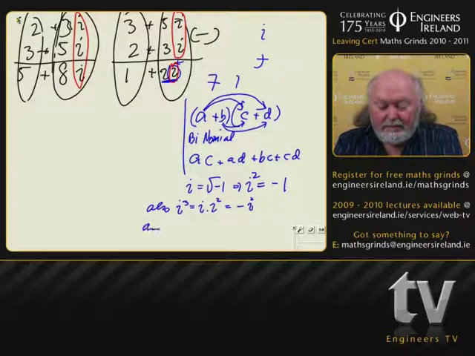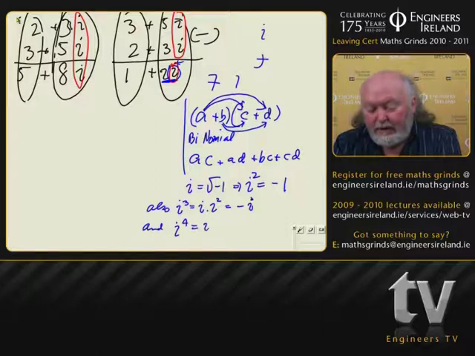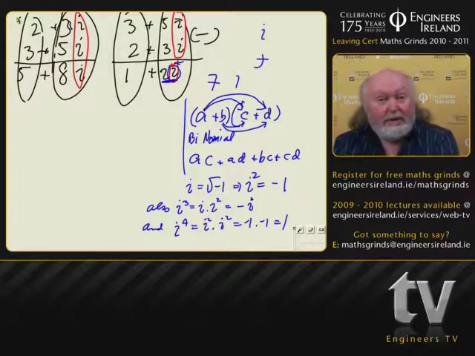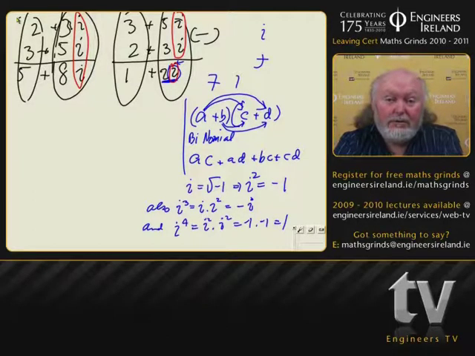And i to the power of 4 is i squared by i squared, which is minus 1 by minus 1, which is 1. So i is just the root of minus 1, i squared is minus 1, i cubed is minus i, and i to the 4 is 1 again.